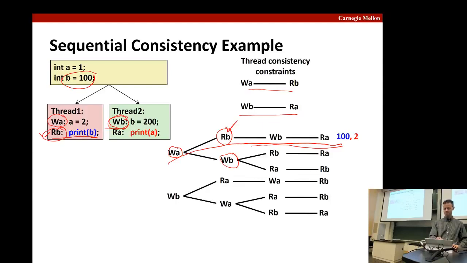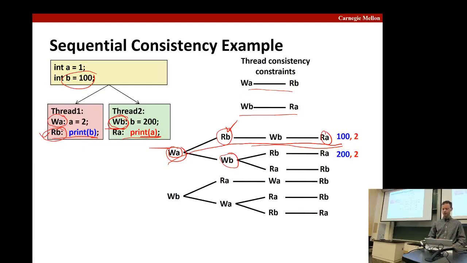When the other thread did the read of A, the write of A had already occurred. That's why you get the 2. What about the next one? Write A, write B, read A. Any ideas? Good. You see why? Because both writes were done before any of the reads, you're going to get the 2 values written.